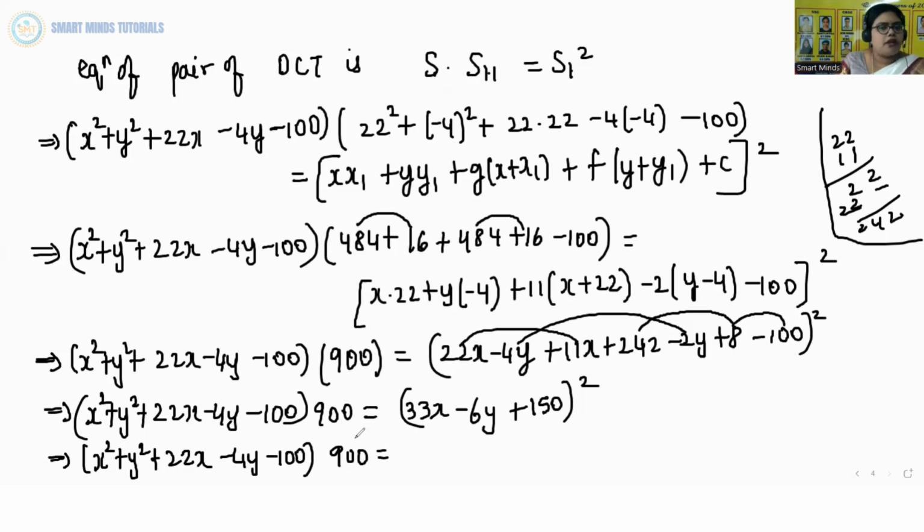So 3 if it comes out it becomes 9 because 3 square is 9. So we are left over with 11x minus 2y plus 50. In the bracket I took 3 common, but if I bring 3 outside the bracket it becomes 9 because you have whole square over there. Understood? Now we can cancel 9 and 9: ones are 9, hundreds are 900.